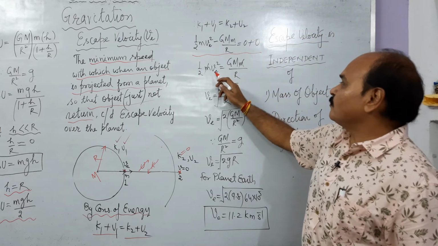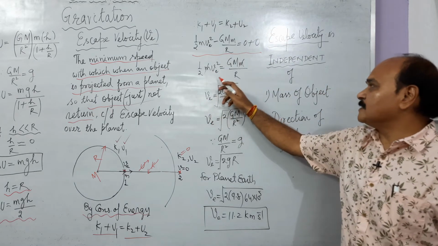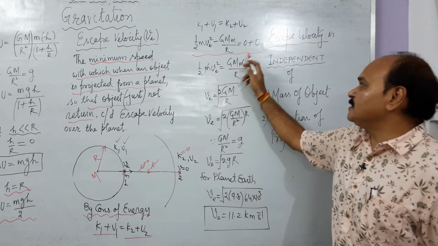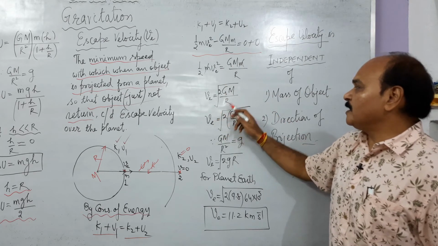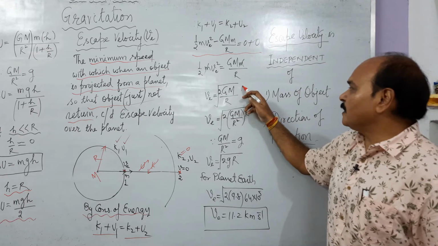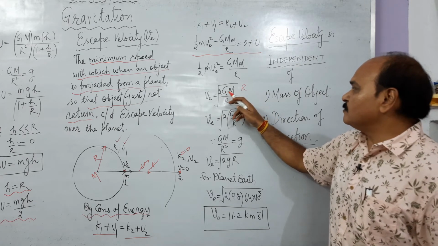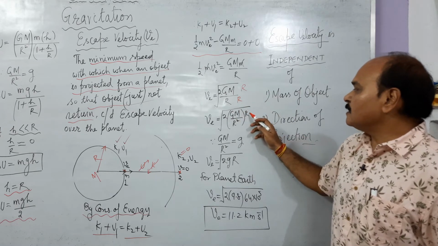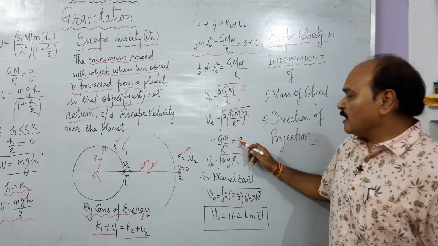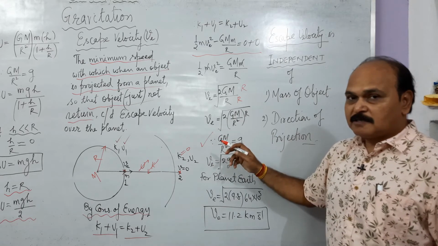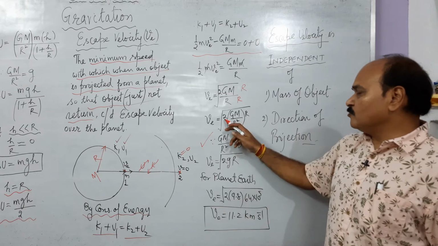If we solve this, what do we get? This side changes, this m cancels out. What do we get? V is square root of 2GM by R. And if we multiply it by R and divide it by R, then what happens? 2GM R upon R into R is R square. GM by R square is the acceleration due to gravity over the surface of the planet. So what do we get? Square root of 2gR.